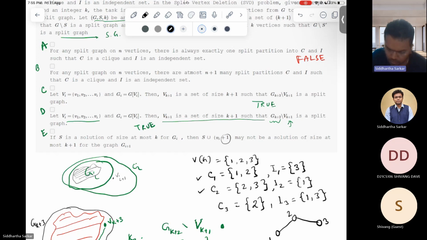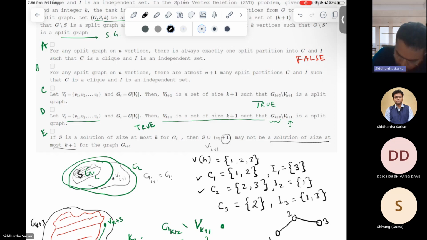So suppose this is in the transcript. So this is v_{i+1}. This solution S along with v_{i+1} is not a solution of size at most K plus 1 for the graph G_{i+1}. So what is G_{i+1}?